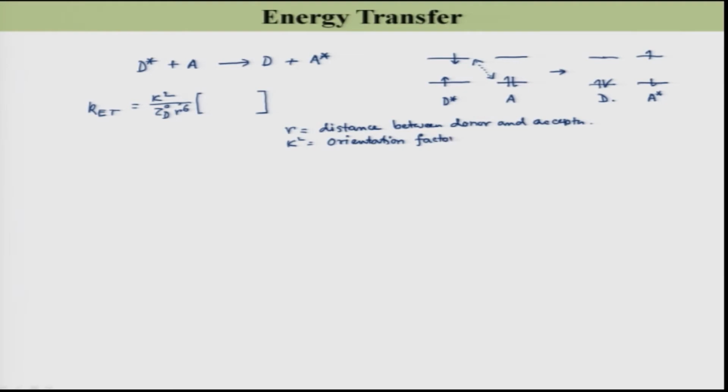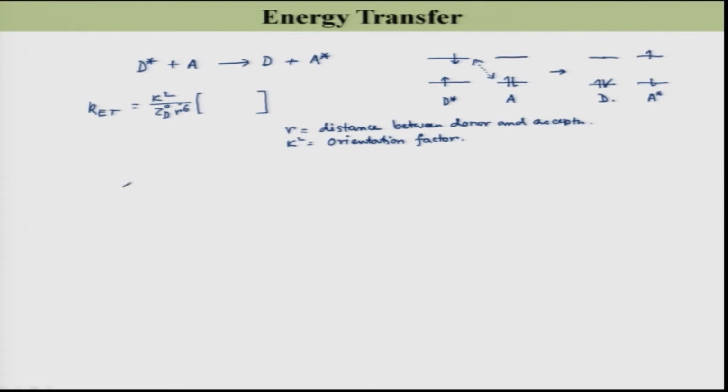This kappa square depends on the relative orientation of the donor and acceptor. If you look at the specific form of this kappa square, let me draw the donor and acceptor dipoles like this way.